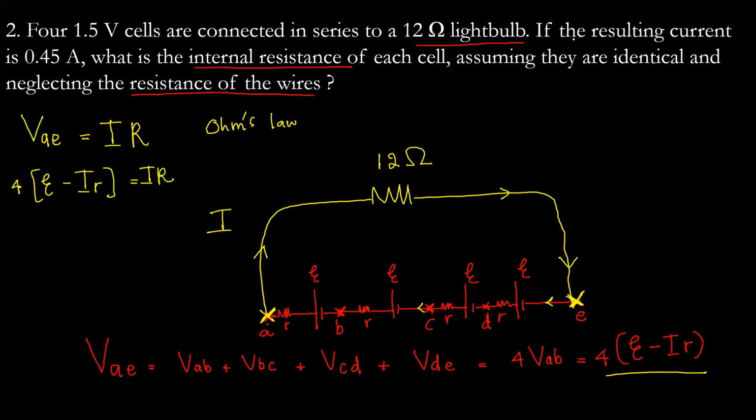And in the problem, they say that the resulting current, or the I, is 0.45 amperes.